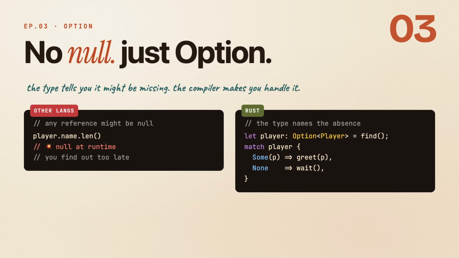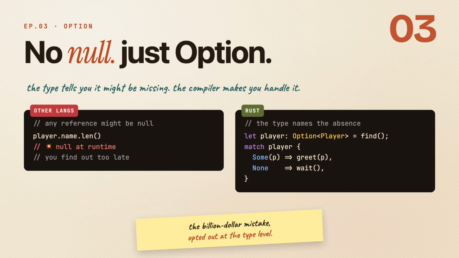To get the value out, you have to handle both cases, Some and None. The compiler does not let you skip the missing case. It is not a warning, it is an error. Null pointer crashes do not survive that rule at all. The billion-dollar mistake is kind of ruled out at the type level before any of the code runs.